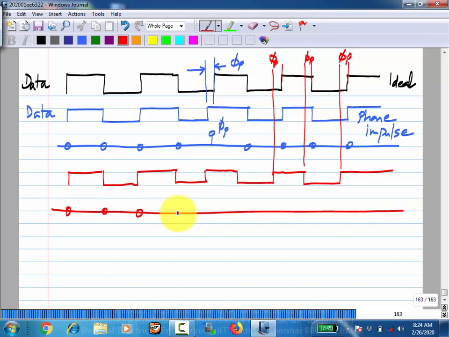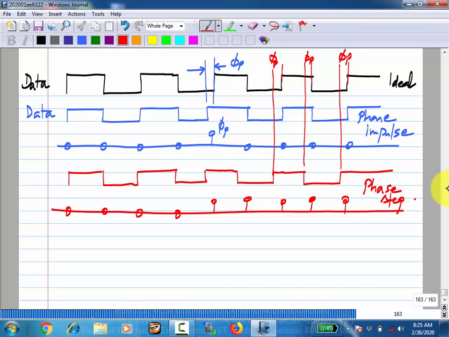And in either case, it will be a step. Okay. It's important to understand, interpret these things. This is a phase step.